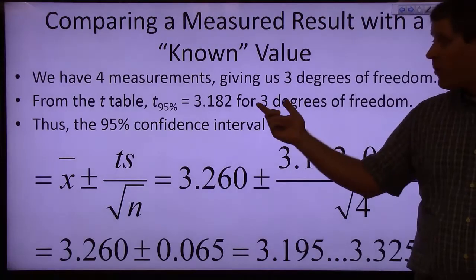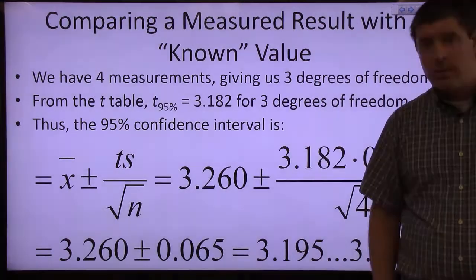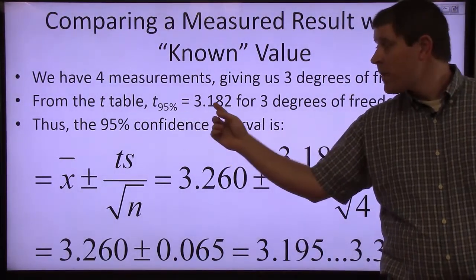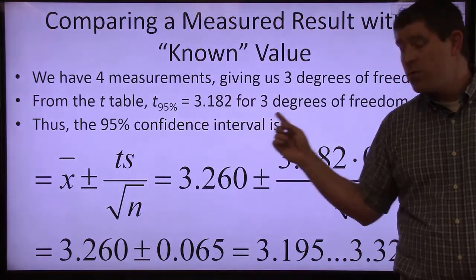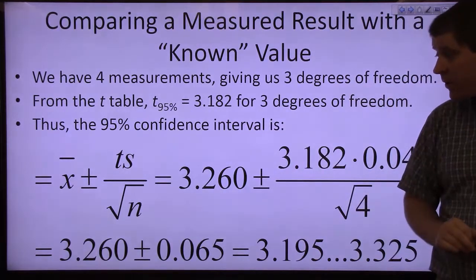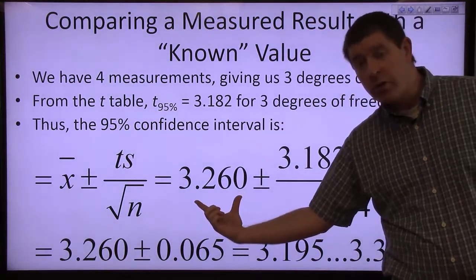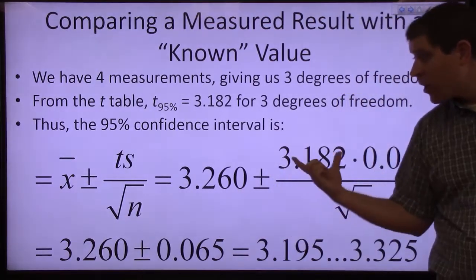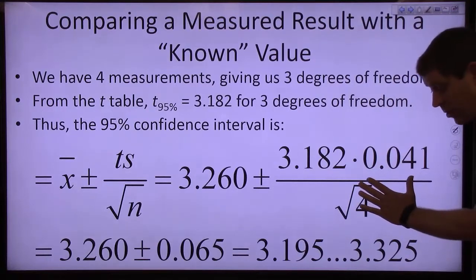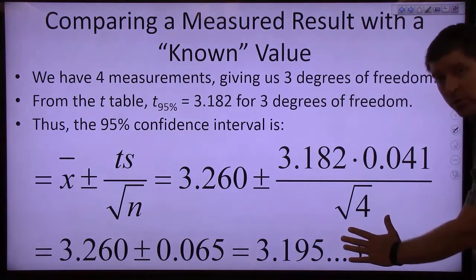Now we have 4 measurements, which gives us 3 degrees of freedom, because remember it's n minus 1. Now from the t-table, at 95% confidence, we get a t-value of 3.182 for 3 degrees of freedom. And thus, our 95% confidence interval is x bar, our mean. So we have our mean, 3.260, plus or minus our t-value, 3.182, times the standard deviation of 0.041, all divided by the square root of n.